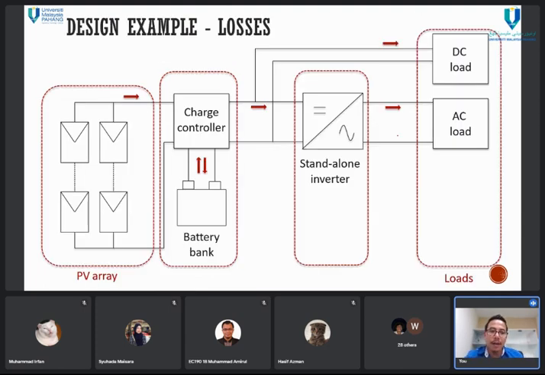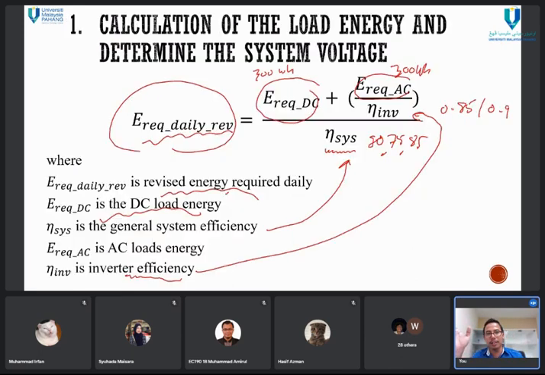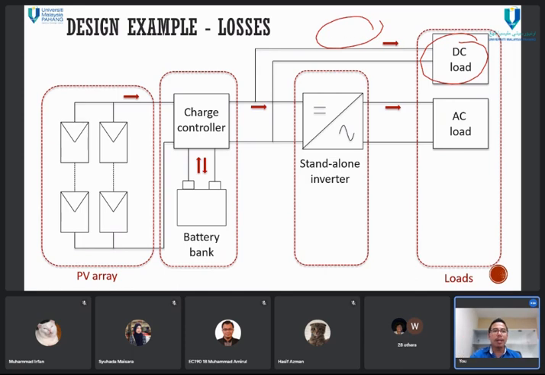So we have this kind of standard inverter and battery bank, and the DC load, we have the 300 watt hours. This is the logic of the equation. It's coming from 300 watt hours here, and then we have the AC load also that costs us 300 watt hours. And then we have the 90% inverter efficiency, for example.